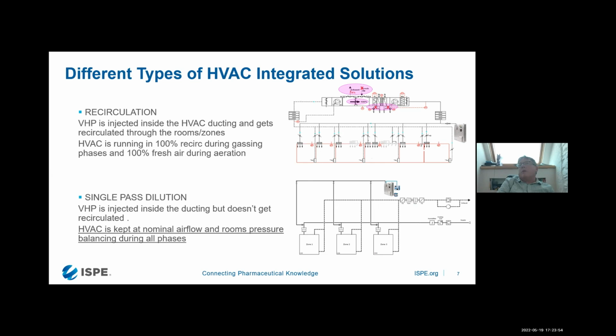The only thing with the mobile unit, you can be limited. So if you have just one filter, that's fine. We do that very frequently. But if you have big filter banks and things like that, that can take a while, especially for the aeration. The gassing is never the issue with a mobile unit. It's much more the aeration.